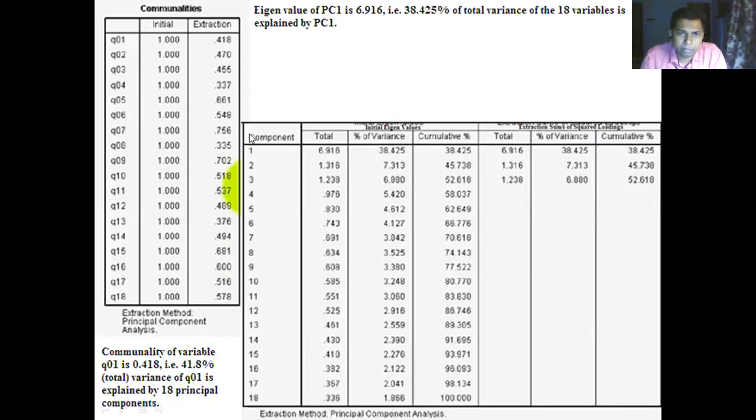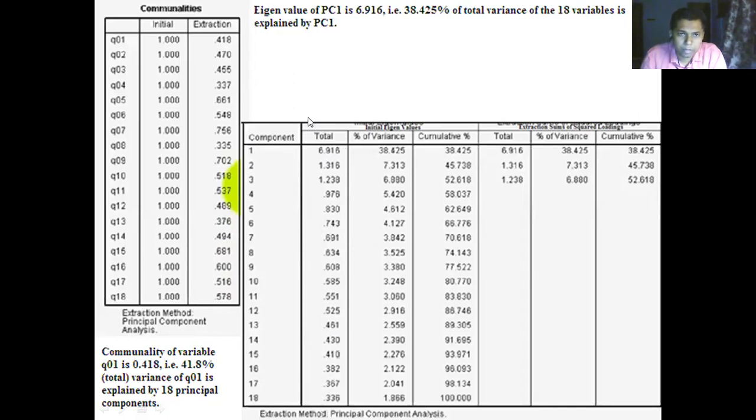For 18 variables, initially you have extracted 18 principal components, and they account for this amount of eigenvalues.